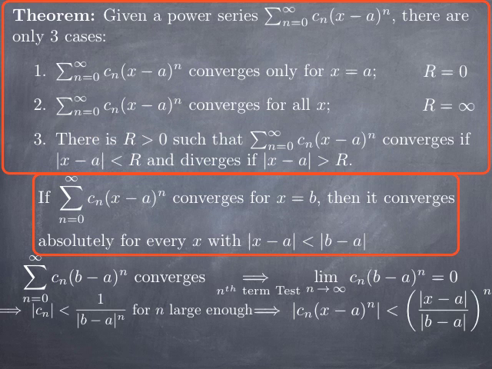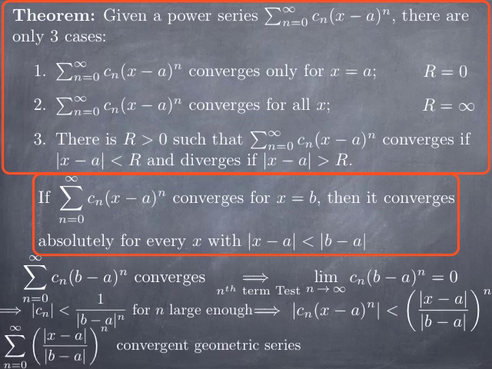So on the right hand side we have the general term of a geometric sequence of common ratio less than 1. And therefore the corresponding series is a convergent geometric series, and by comparison the series with a smaller general term is also convergent, which gives us absolute convergence of the power series for an x that is closer to a than b.